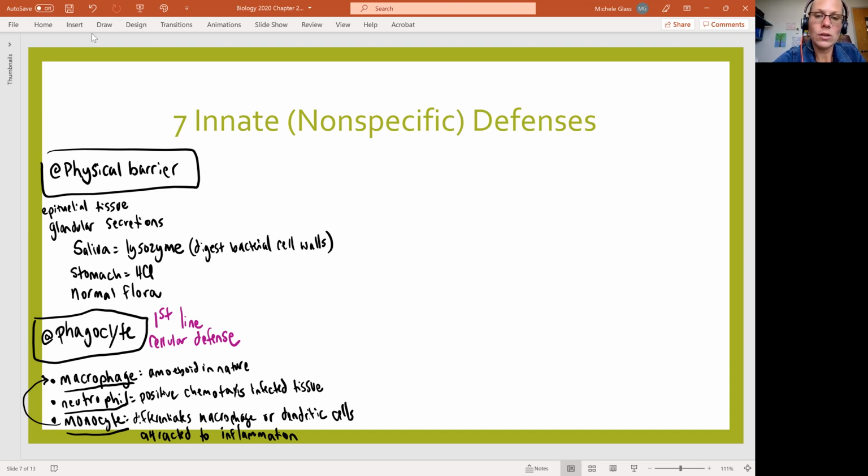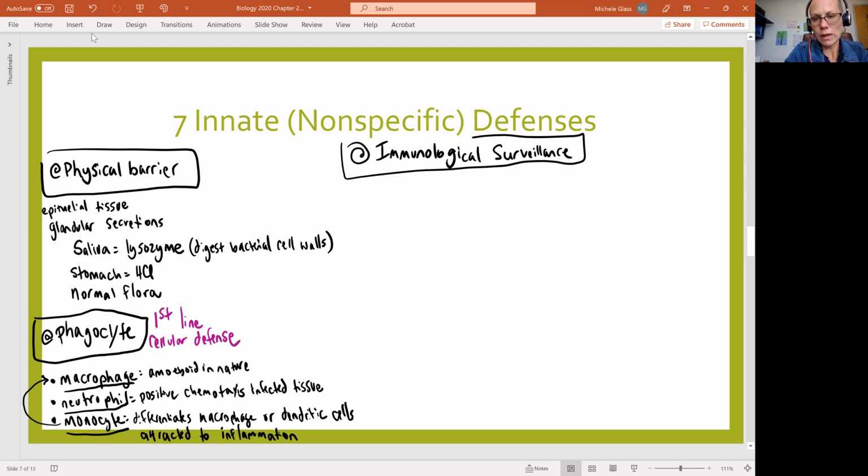The next non-specific defense to mention is called immunological surveillance. This is an innate defense, but it involves a lymphocyte called the NK cell.